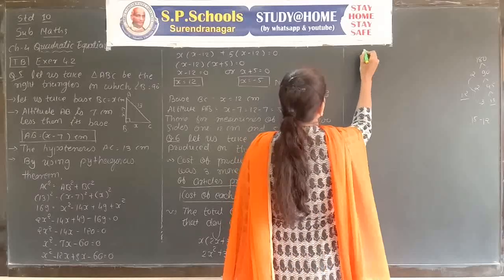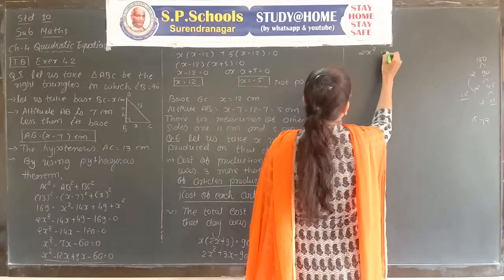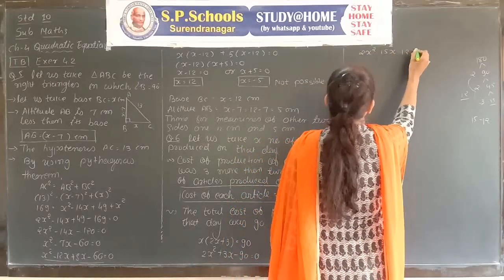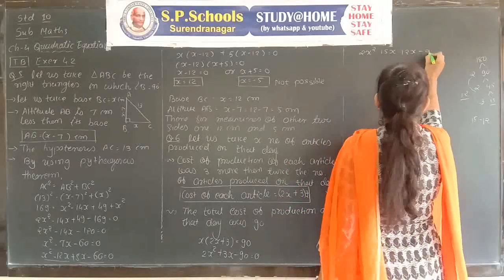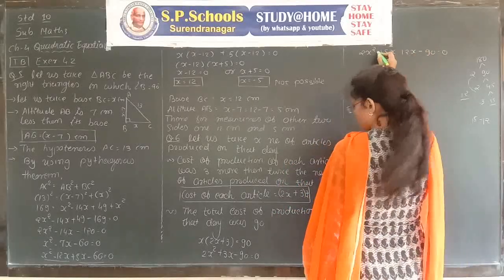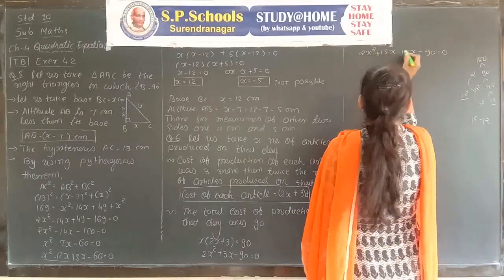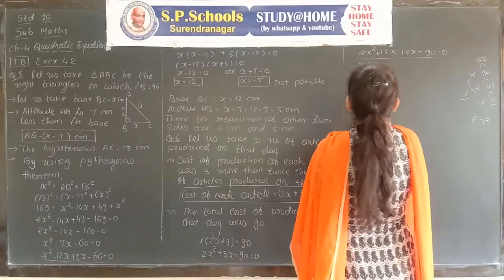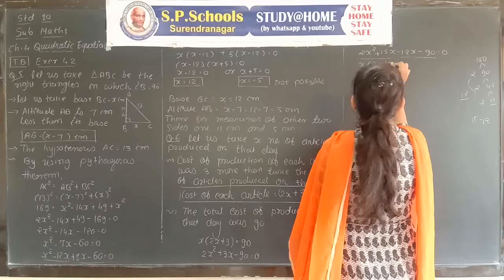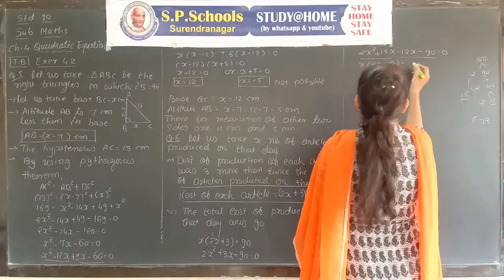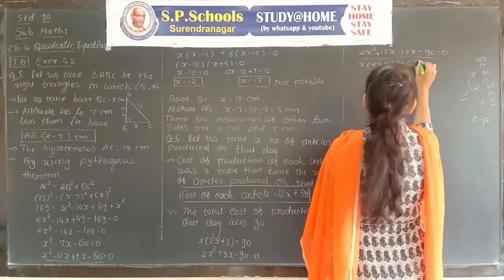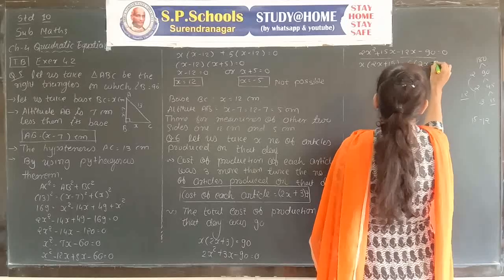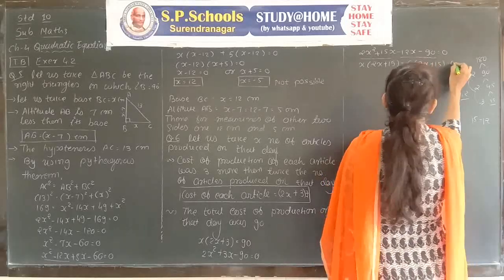So 2x square plus 15x minus 12x minus 90 is equal to 0. Plus and minus. x is common, remaining bracket 2x plus 15. Minus 6 is common, remaining bracket 2x plus 15 is equal to 0.